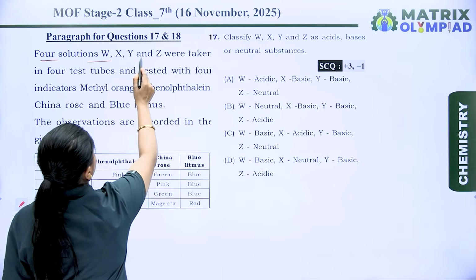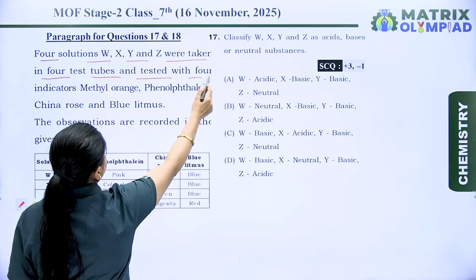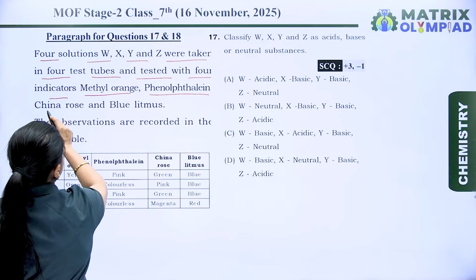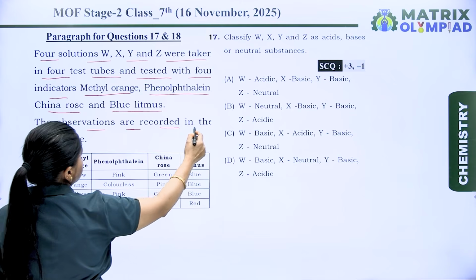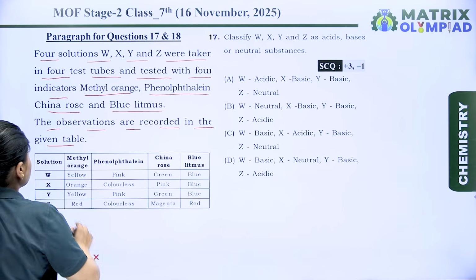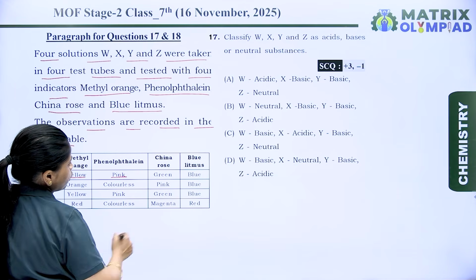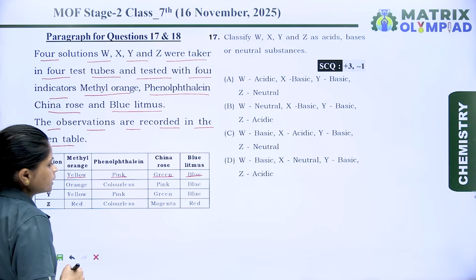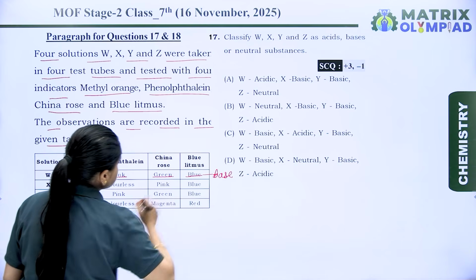4 solutions W, X, Y and Z were taken in 4 test tubes and tested with 4 indicators: methyl orange, phenolphthalein, China rose and blue litmus. The observations are recorded in the given table, and according to the table, W gives yellow with methyl orange, pink with phenolphthalein, green with China rose and blue with blue litmus, and indicates a base.